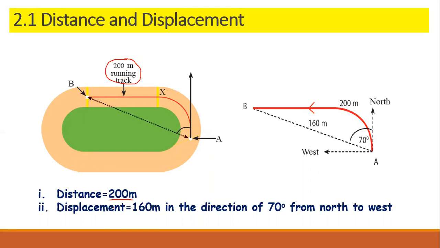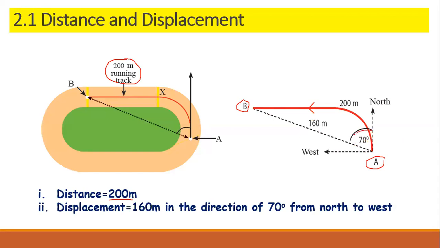And if we have to take the displacement, we have to consider both the starting point and the end point. Here, the starting point is A, the end point is B, and we are coming from A to B. So we have to consider the direction too. The direction is a 70-degree angle from north to the west.